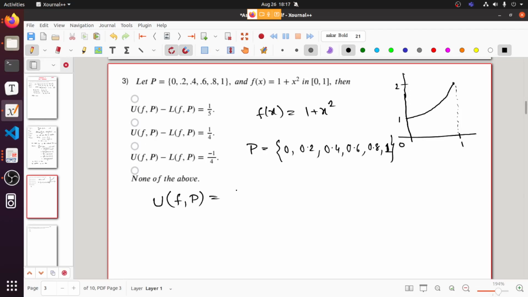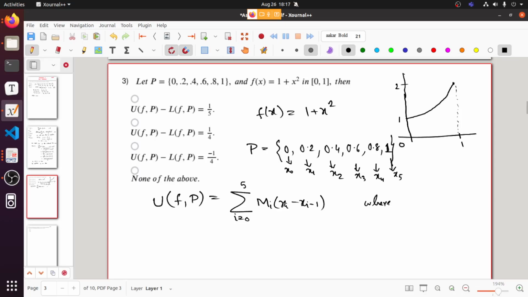Suppose we denote the points by x0, x1, x2, x3, x4 and the last one x5. The upper sum is defined as the sum from i equals 0 to 5 of mi into xi minus xi minus 1.